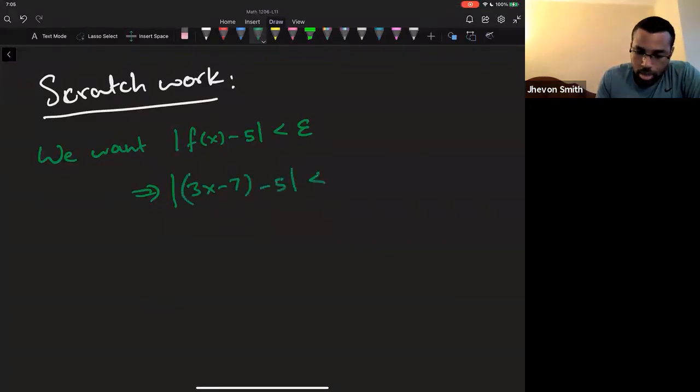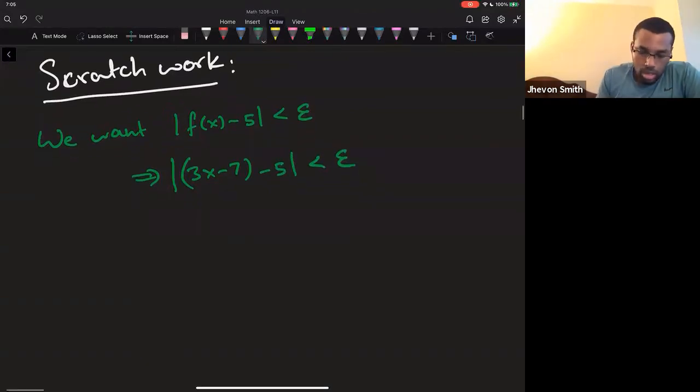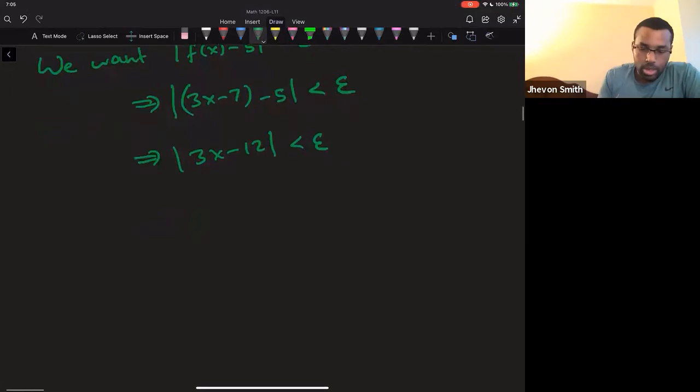I'm going to come over here and plug it in. We want that. Now, if I do that, what I really have here now is 3x minus 12. Okay. Now, what I can do is factor out a 3 out of these absolute values.